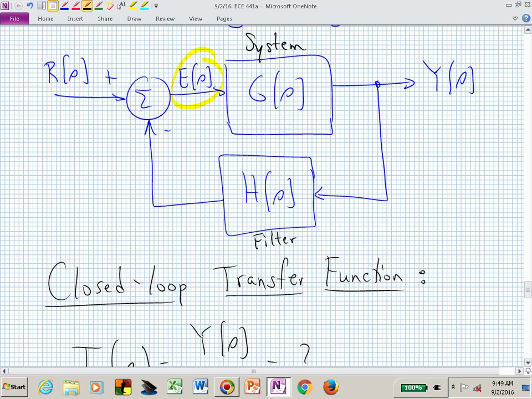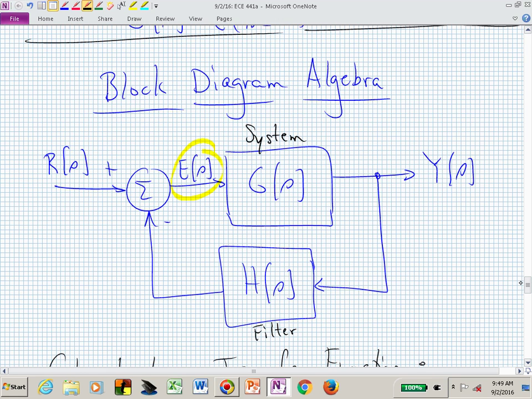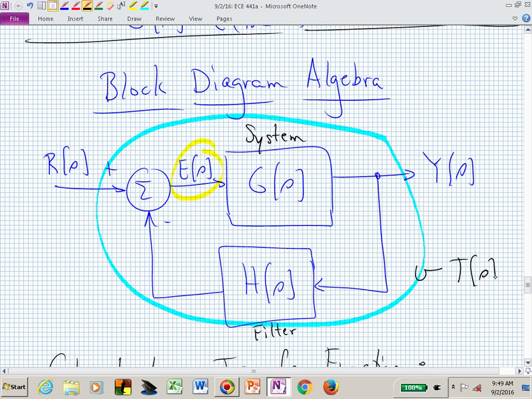So we measure the output, we filter it with H, we compare that signal to the reference signal. Those generate an error signal, and that error signal drives our system, and that just keeps going and going. It's in a closed loop configuration. And we can now collapse all of this into our cheer. That's all T of S.